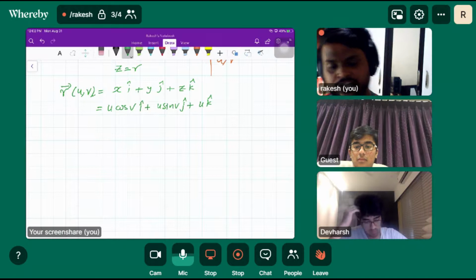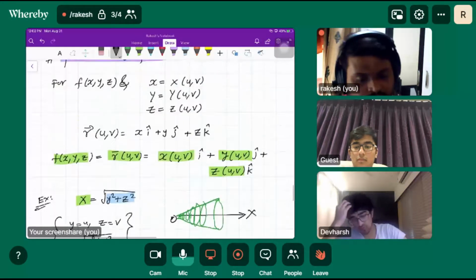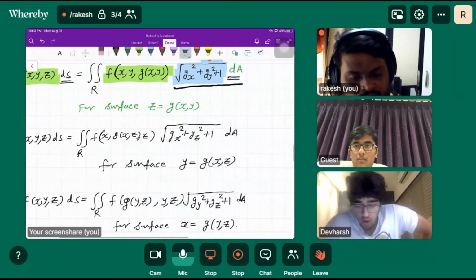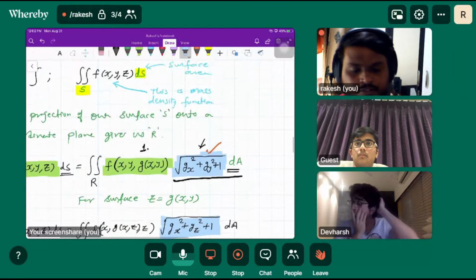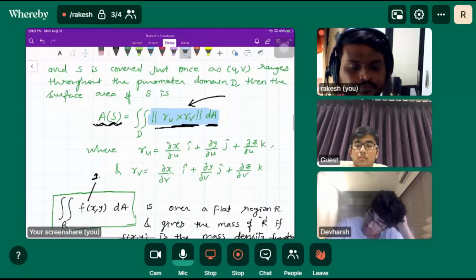So I'm relating here the vector product with the formula that I had given you. Now I'm going to relate this term with the vector product.